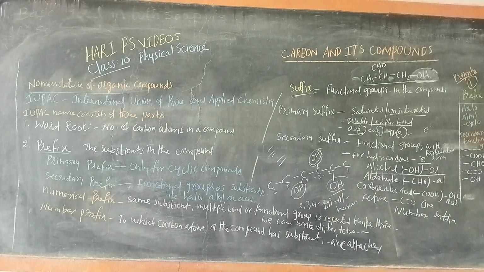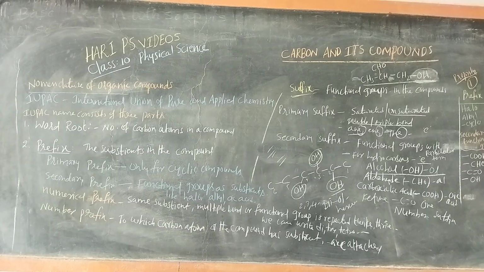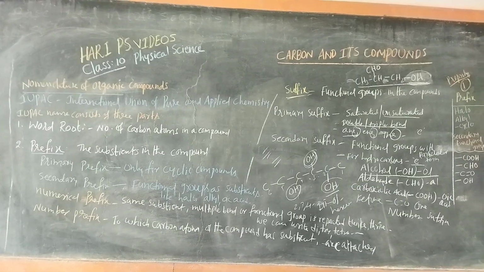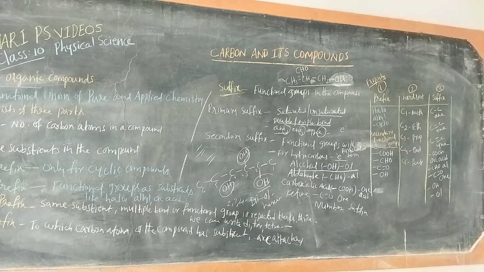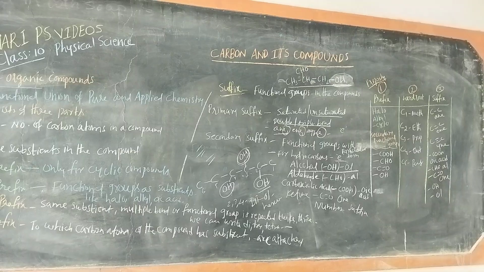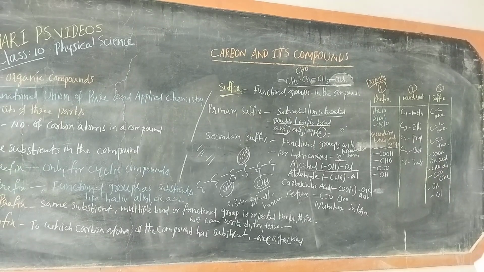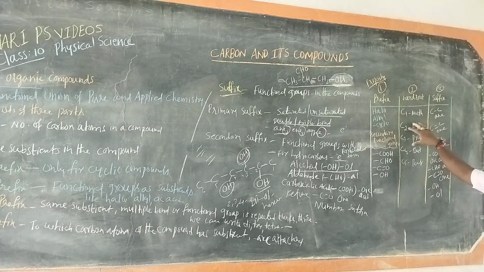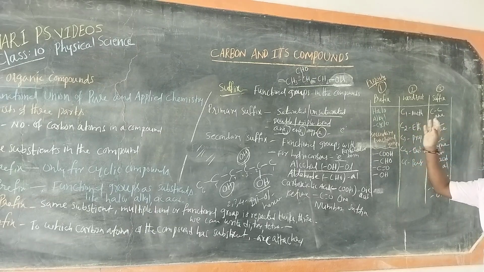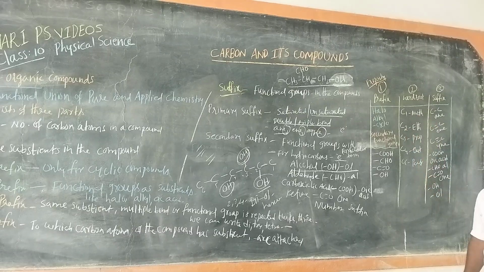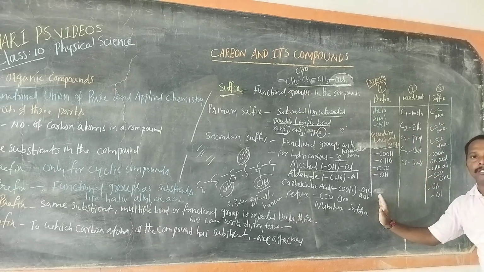But while giving the name for an organic compound, the priorities are, let's see, prefix, word root, suffix. See the table: prefix, word root, suffix. So first priority means, for giving a name to a particular compound, first of all we need to write any prefixes.